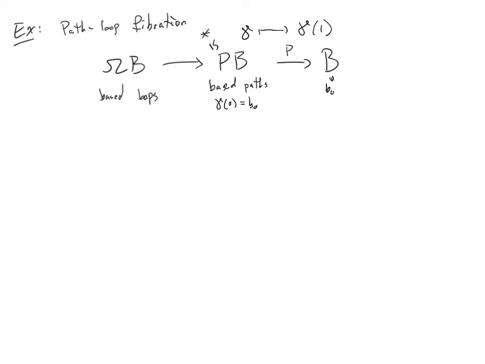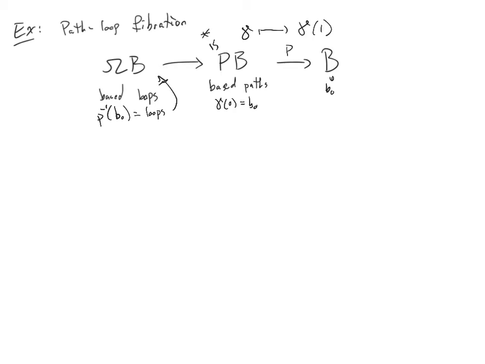This contracts all of PB. But the fiber over the base point is exactly loops. So P inverse of the base point is loops, and omega B stands for loops on B.